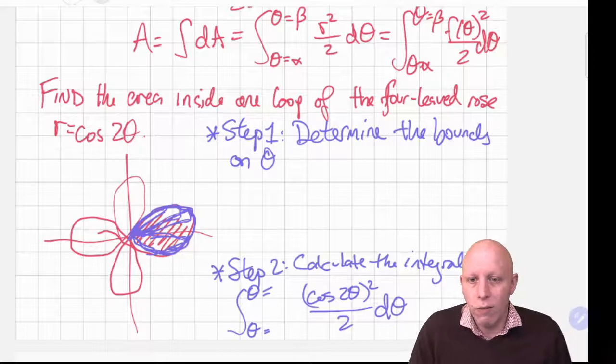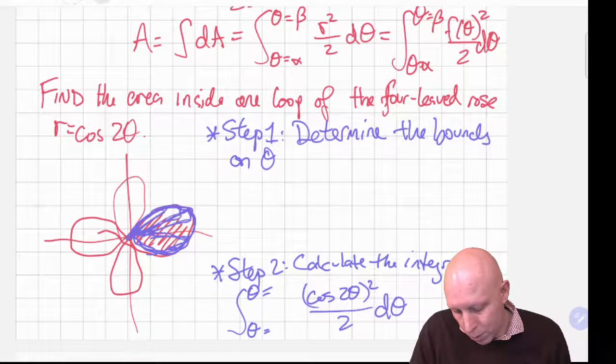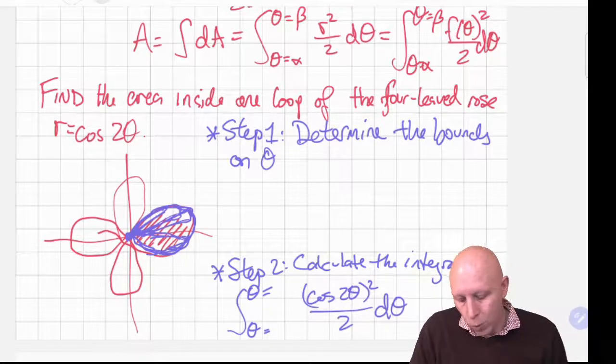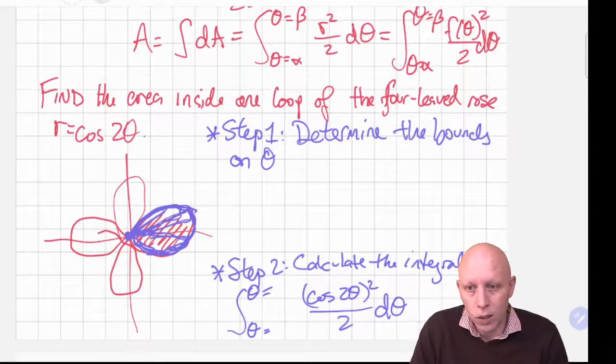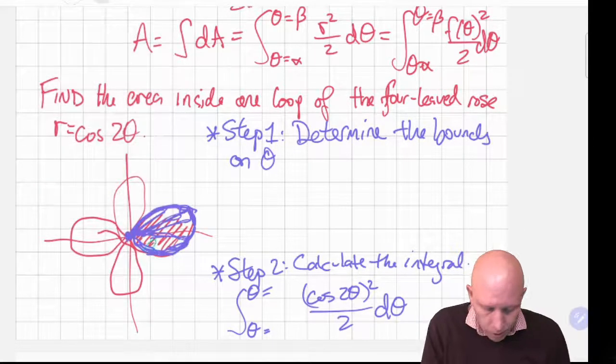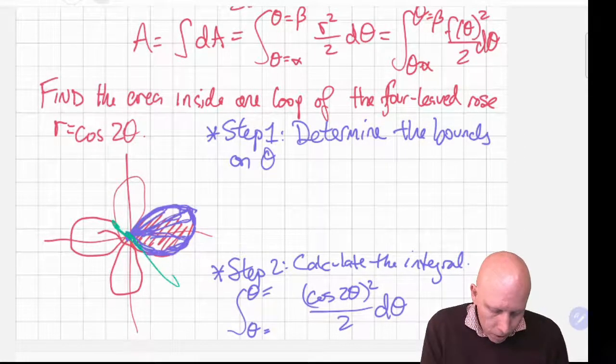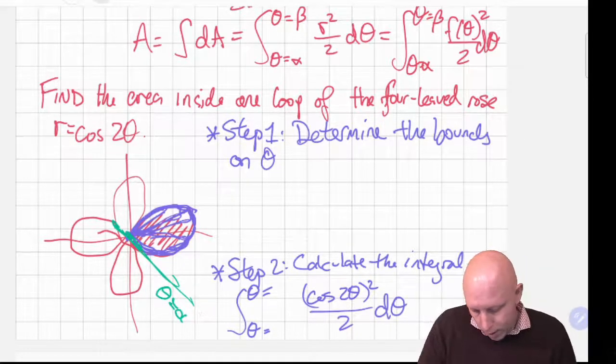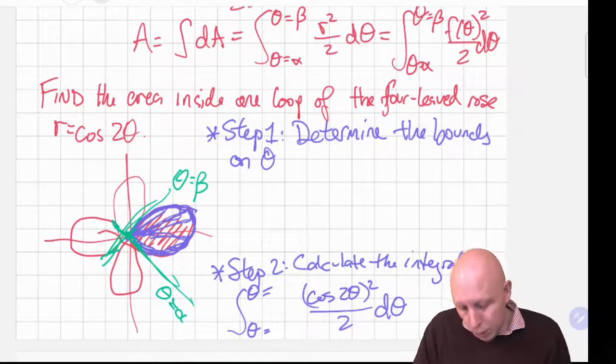But for example, in this example, we need to figure out when this curve goes through the origin. So if I'm going to draw in some lines here, what is our theta equals alpha? And what is theta equals beta? Those are going to correspond to when the function value gives 0.